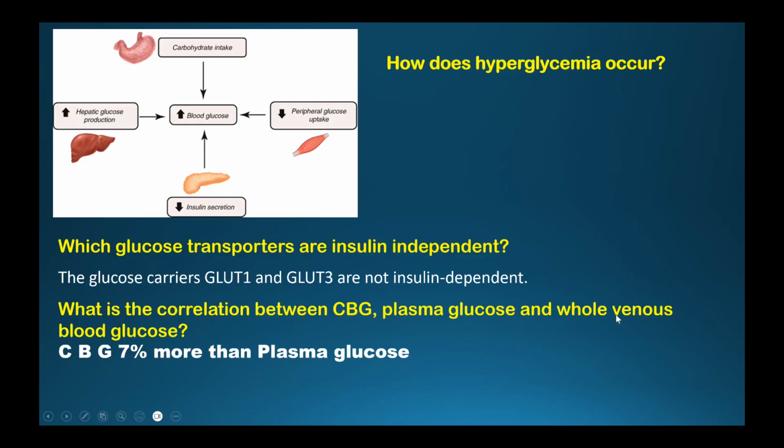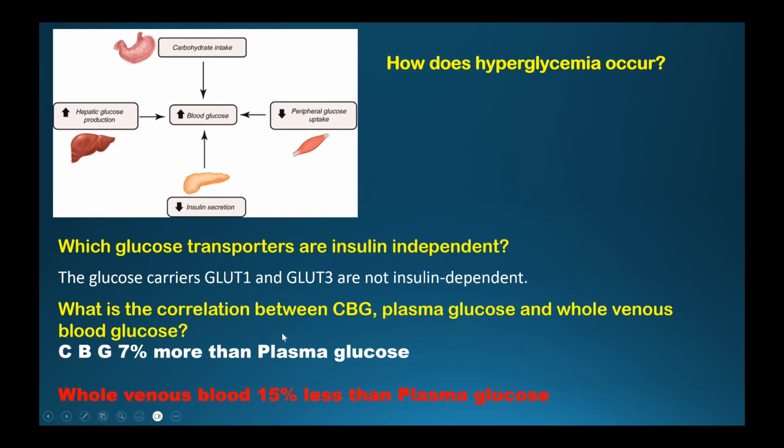But between plasma glucose and whole venous blood glucose, which is higher? Just logical thinking, you don't have to know medicine of diabetes. The whole venous blood glucose is 15% less than the plasma glucose.